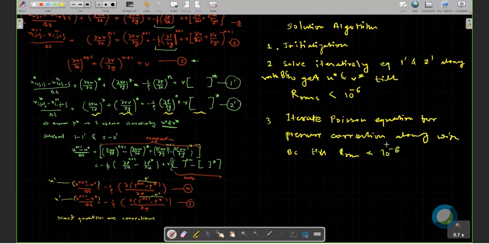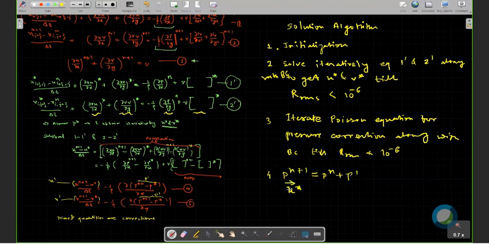Then you will get p prime, and then what you have to do is update the values. p n plus 1 is nothing but p n plus p prime, and then update the star values. I'm just writing it as a vector.